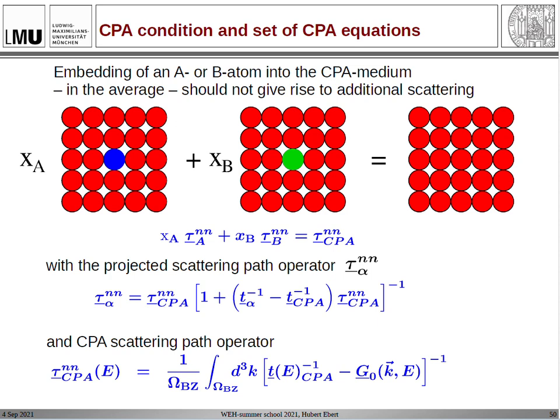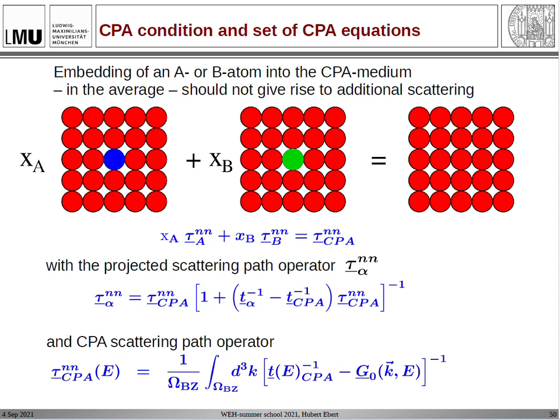And the CPA equations are then completed by the last one. Of course, we have to handle the total scattering problem, where we have the CPA scattering T-matrix describing these red atoms, and plug them into the KKR matrix, and we get the single-site CPA scattering path operator.